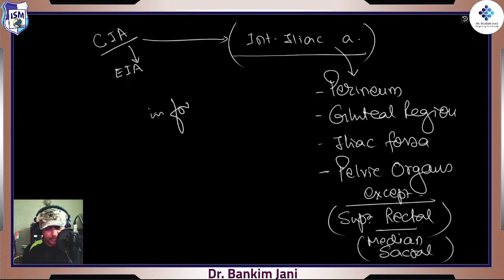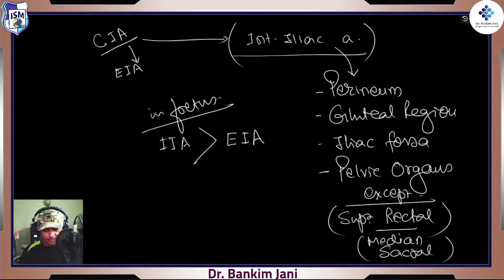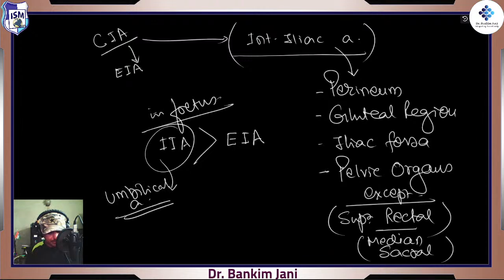One important point: in the fetus, the internal iliac artery is bigger than the external iliac artery. It was the internal iliac artery which was actually transmitting the blood to the placenta, because there was the umbilical artery in the internal iliac, a connectivity to the placenta.